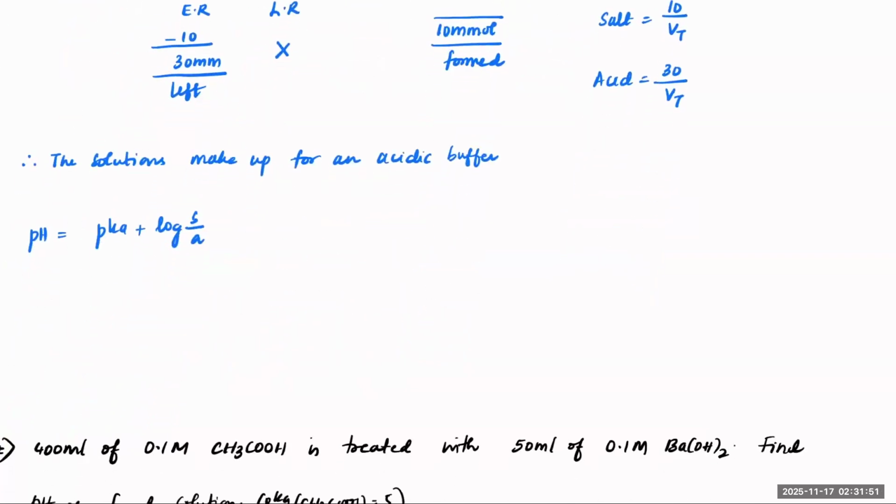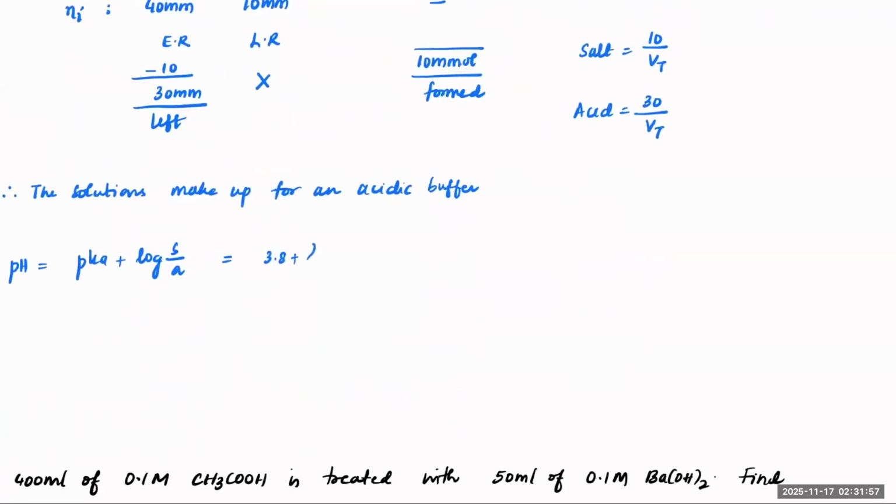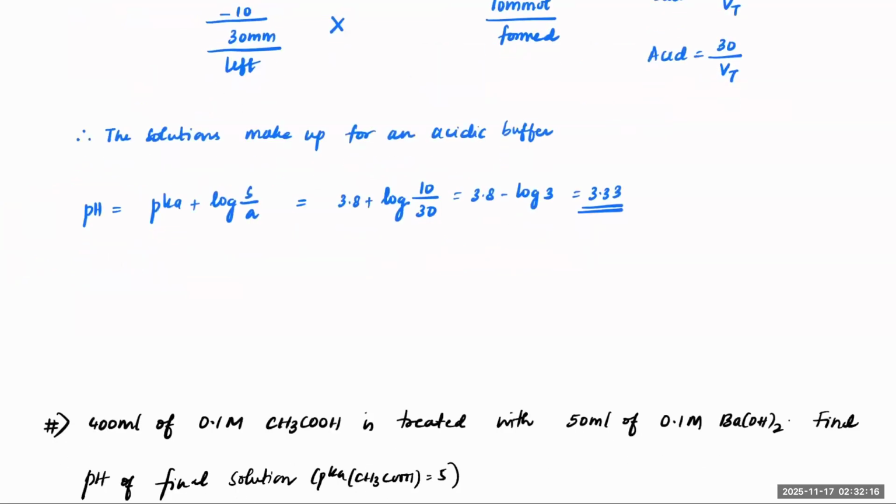Hence, pH is equal to the pKa value, given as 3.8, plus log of salt concentration 10 by acid concentration 30. So 3.8 minus log of 3. Because it is 1 by 3, it is minus log of 3. So that comes out to be approximately 3.33. So this will be the pH of the solution. pH is equal to 3.33.